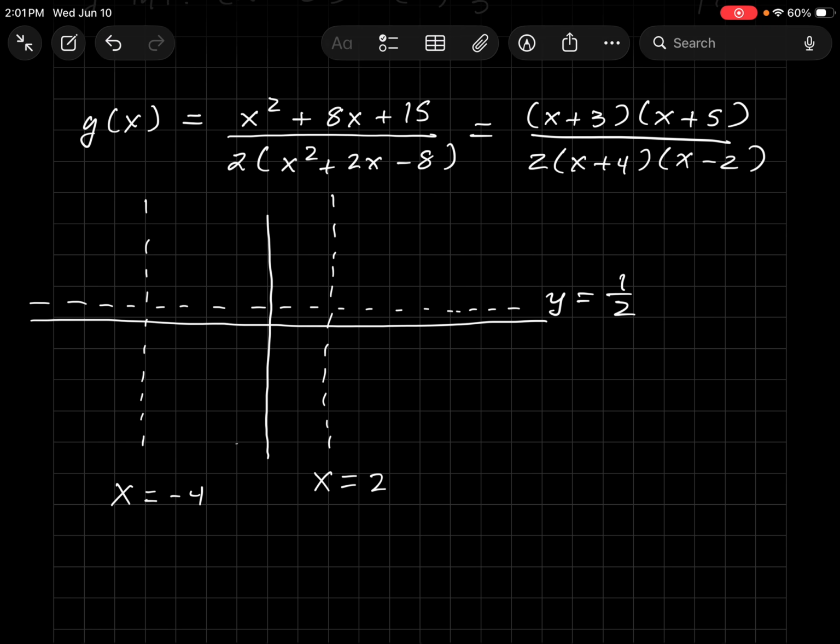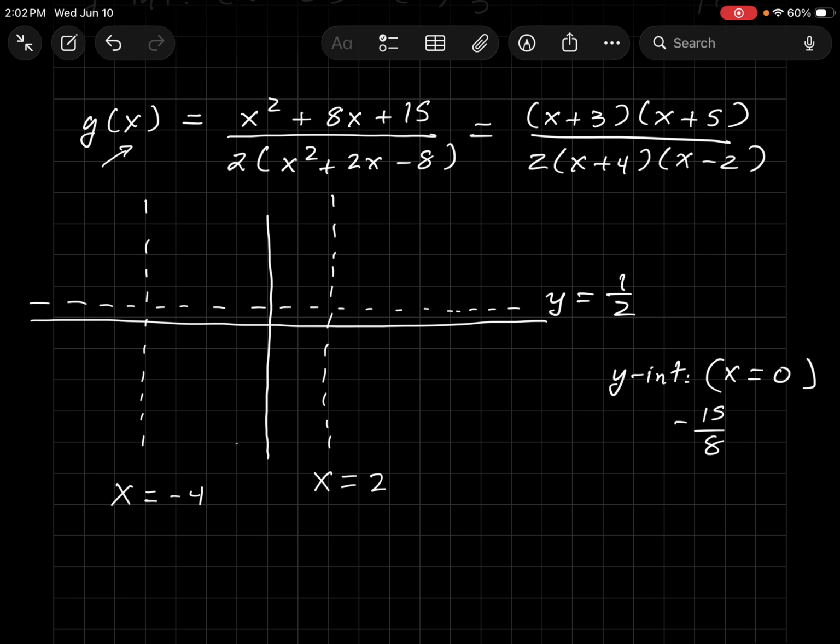Let's go ahead and find our y-intercept when x equals 0. And we get negative 15 over 8 by plugging into g of x over here.